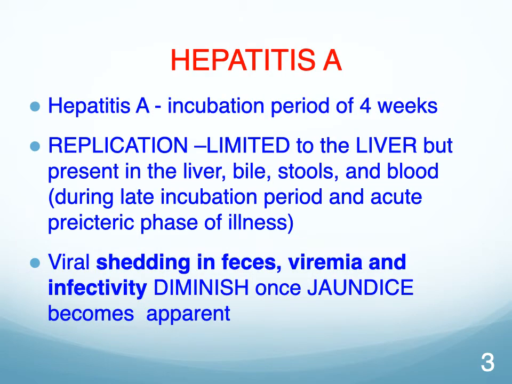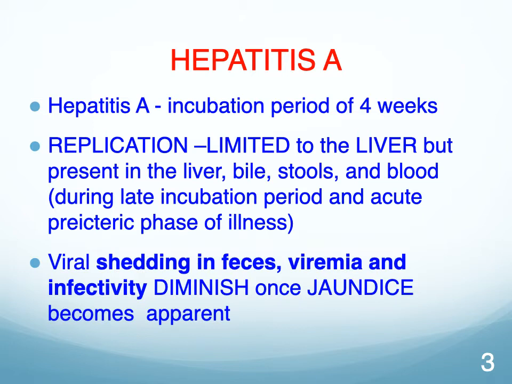With regard to hepatitis A, the incubation period is on average 4 weeks. The replication is limited to the liver, but the virus may also be found in bile, stools, and blood.